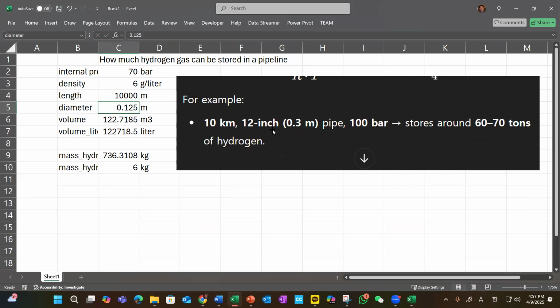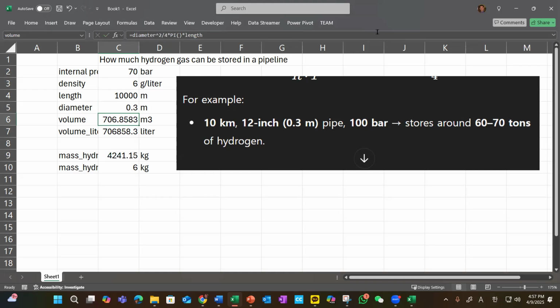And then diameter is a 12 inch. It's 300. Diameter, rather than this, we have a 300. And then 100 bar.